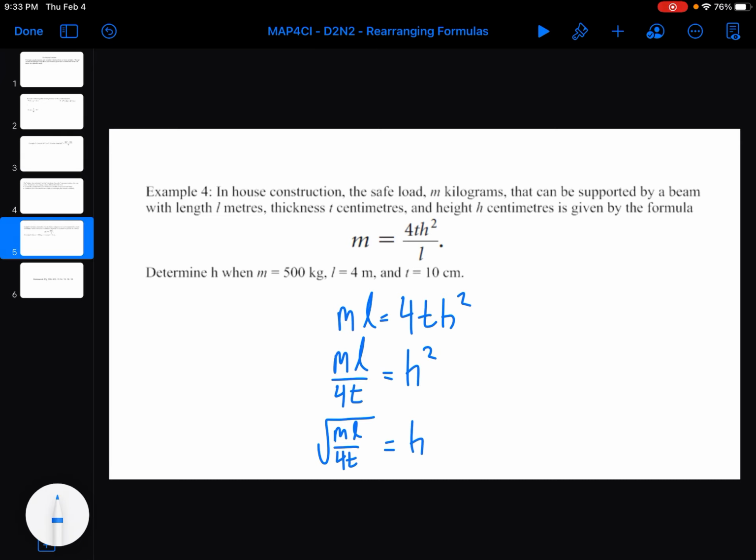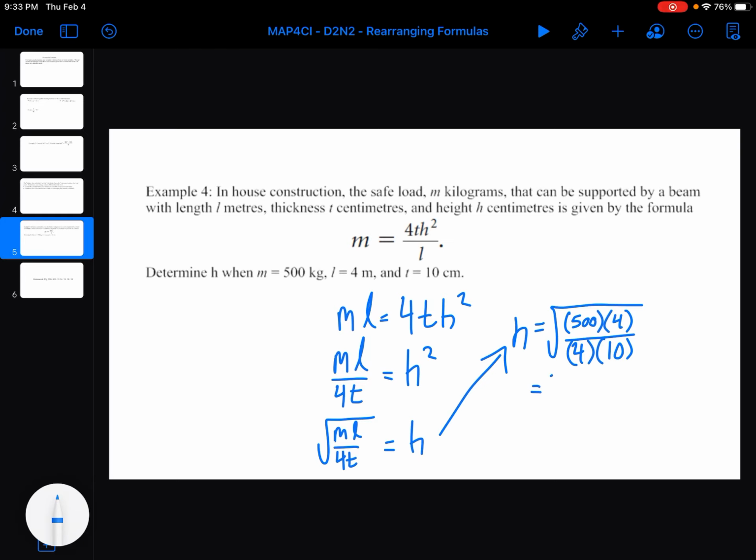Okay, you could have substituted in first. I'm just showing you. I like looking at it like this, to be honest, just to make sure that it makes sense to me. So we've got 500 times 4 over 4 times 10. So that's going to be the square root of 500 times 4 divided by 4 divided by 10.